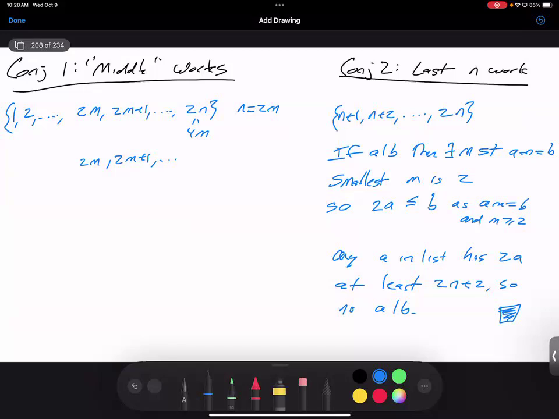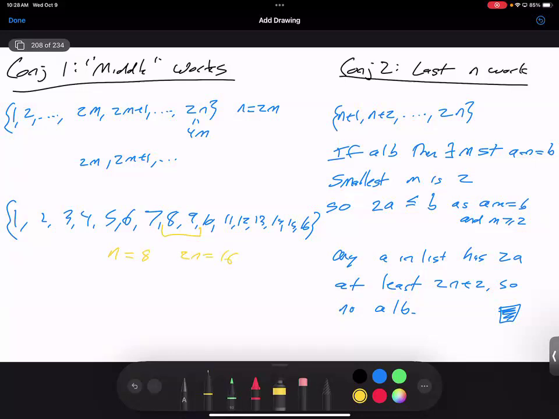Whenever I have a problem like this, I always just write down specific numbers. 1, 2, 3, 4, 5, 6, 7, 8, 9, 10, 11, 12, 13, 14, 15, 16. The middle is 8, 9, right? So here we have the case when n equals 8, 2n equals 16, n is 2m, so m equals 4. So I've got to go 4 elements in each direction. That means 3 more elements here and 3 more elements here.